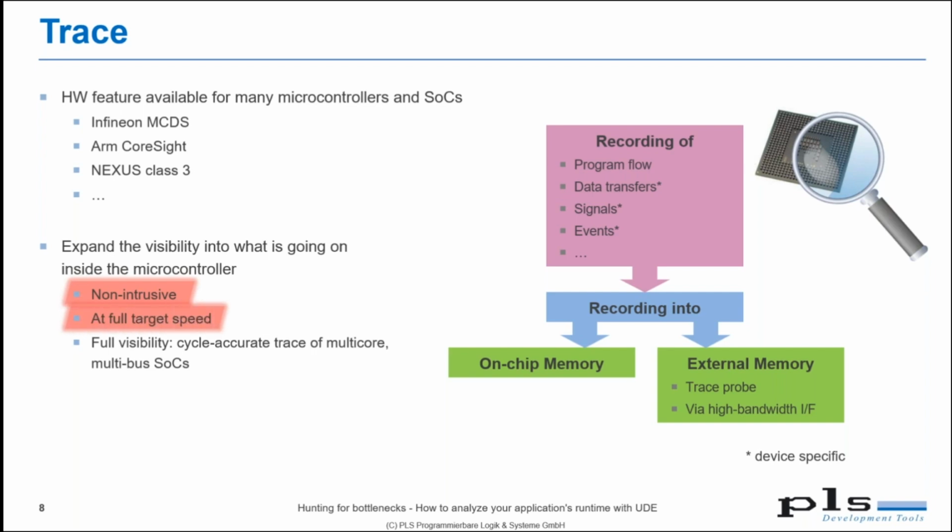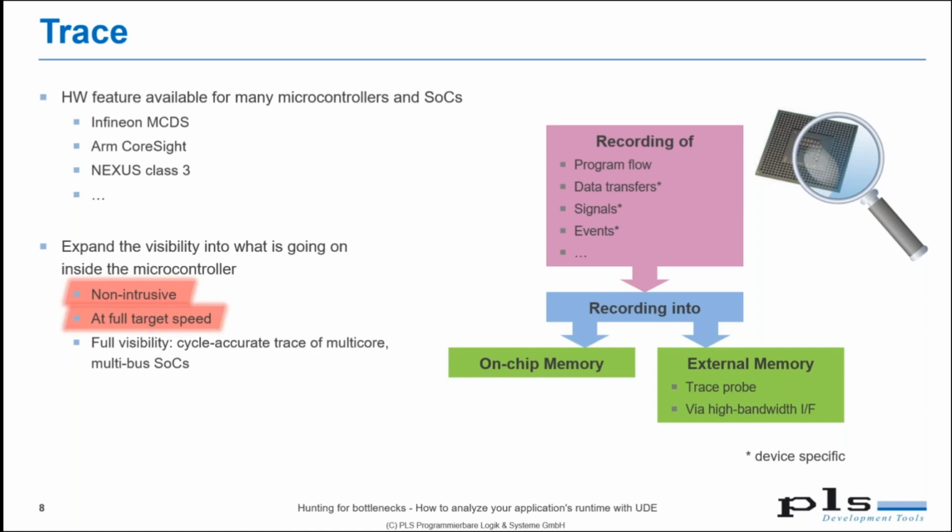The key feature of trace is that you can do this observation of, for example, the program execution completely non-intrusively. That means without any influence on the runtime behavior of your application. You can debug without interrupting the device.